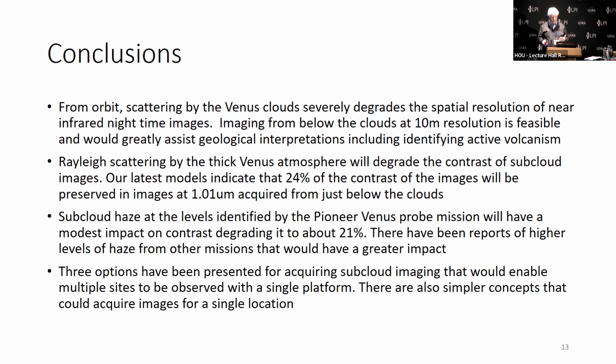The latest models indicate that 24% of the contrast will be preserved in images at 1.01 microns. The subcloud haze, at the levels based on the Pioneer Venus probe mission data, will have a further modest degradation. As I mentioned, there have been reports of higher levels of haze, and if that were true, they would have a great impact.